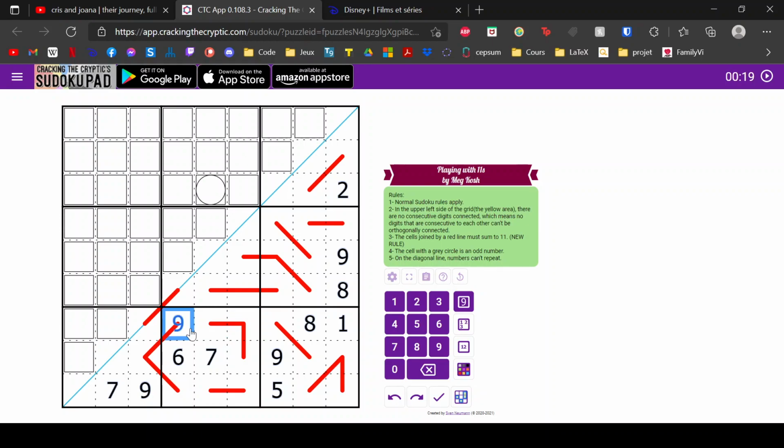So that's 9 with 2 ones, and it has a sum of 11. Okay, 8 there. The 9 there, it cannot be here because otherwise it would be with a 2.